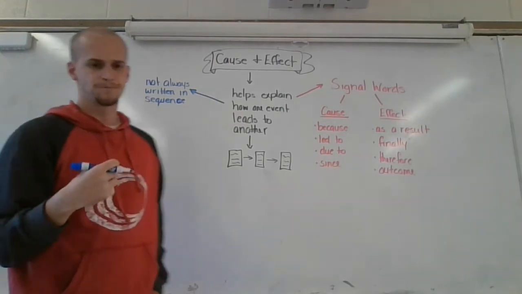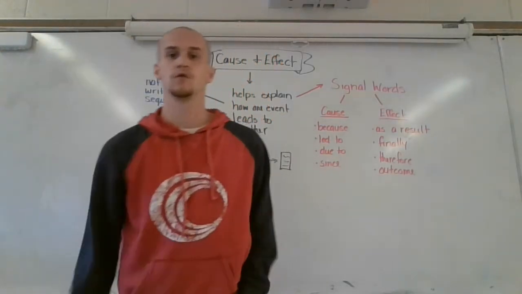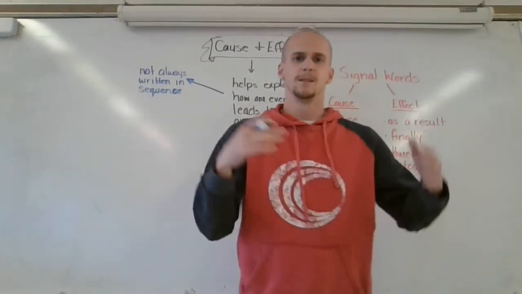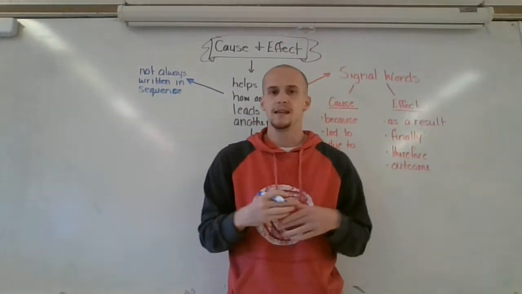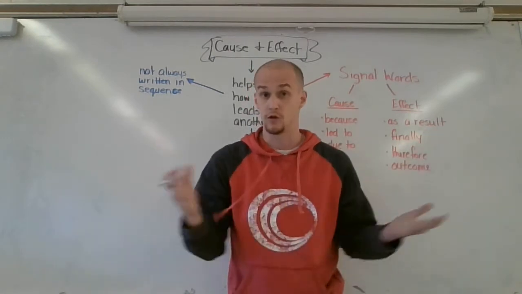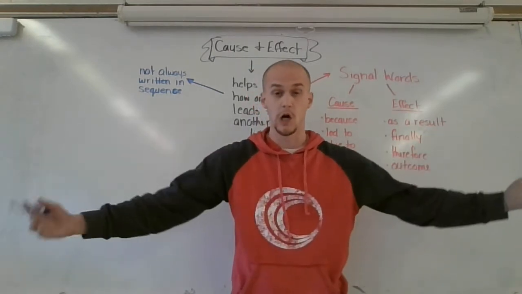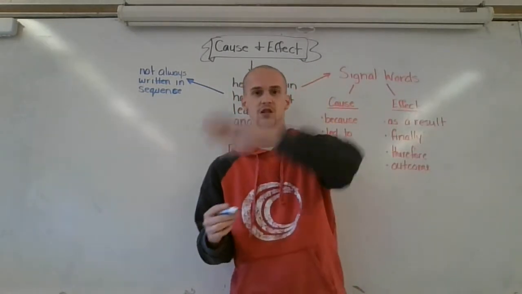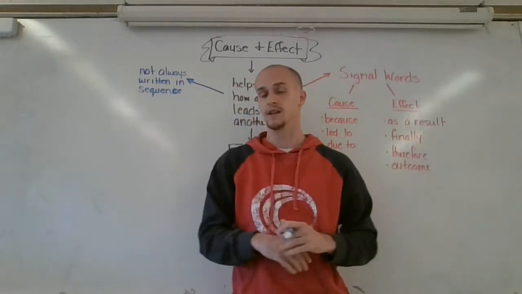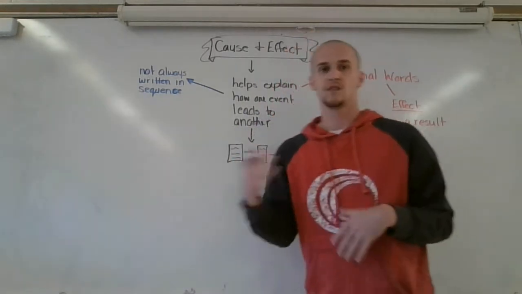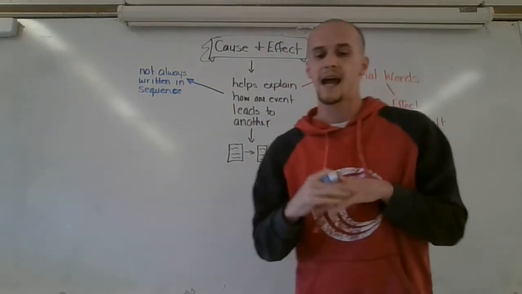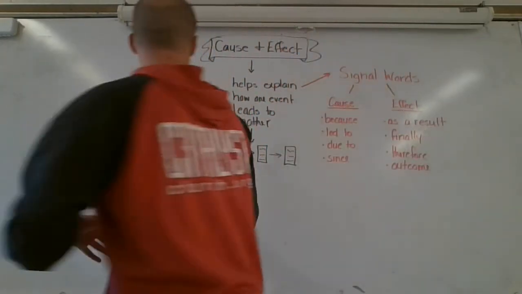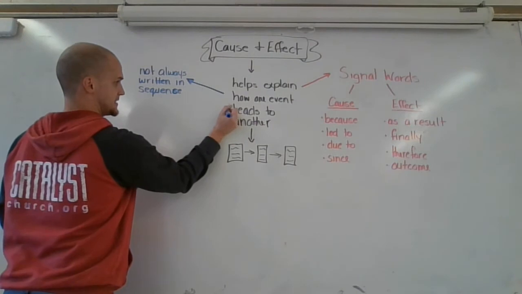So sometimes you'll have an article that explains what happened first. It explains this is what's going on, and then the article discusses all of these things led to this. Well, that's what I mean by not always written in sequence, not always written in the order in which it happened. But a lot of times it does.